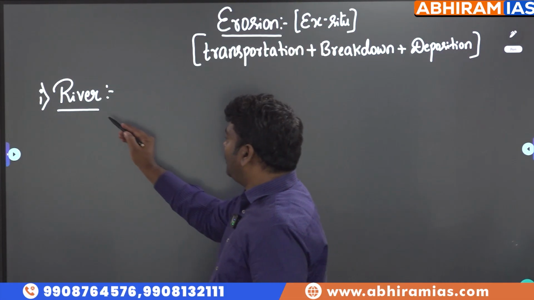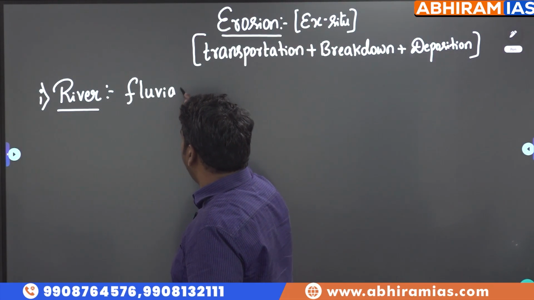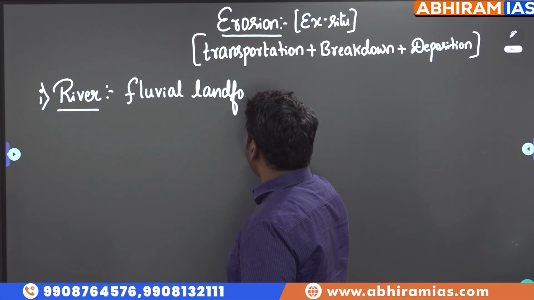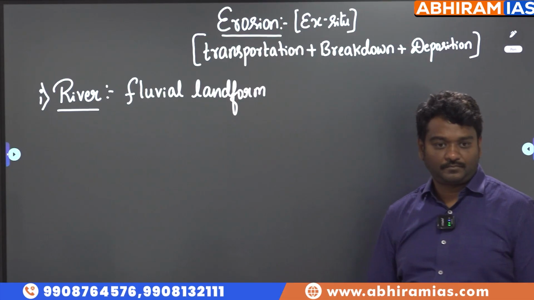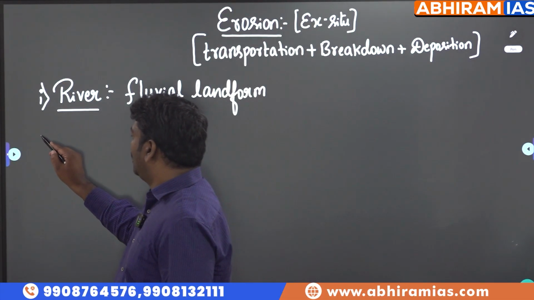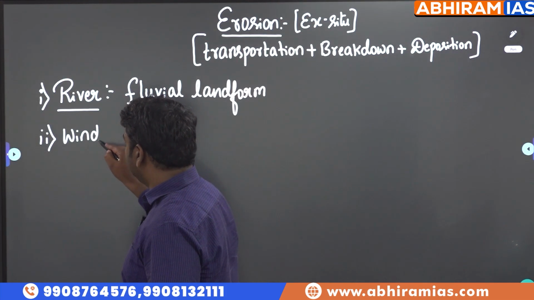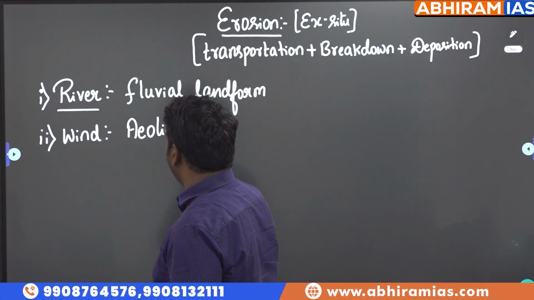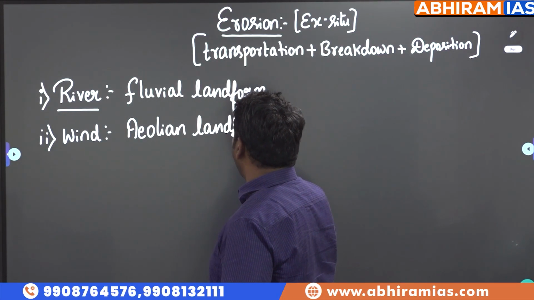Now, if a river forms any landform, it is called fluvial landform. Okay, it is called fluvial landform. If it is done by wind, it is called Aeolian landform.